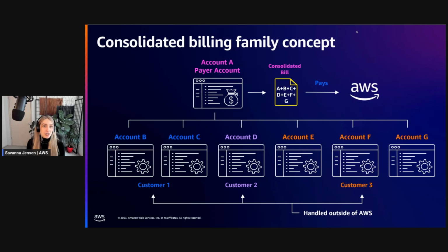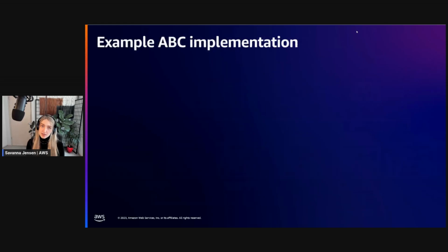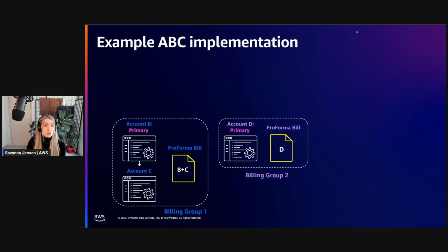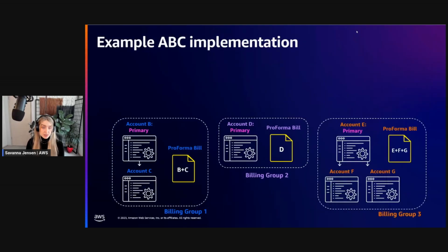So now let's take a look at what the same account framework could look like with ABC implemented on top of it. So again, we've got those 3 sets of customers there, but with the ABC implementation, we've delineated different billing groups.